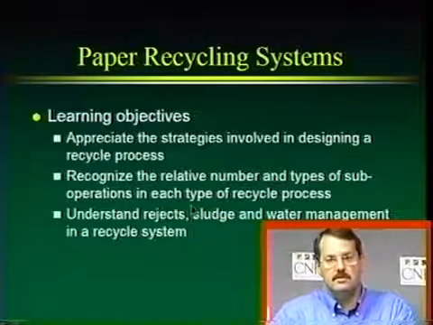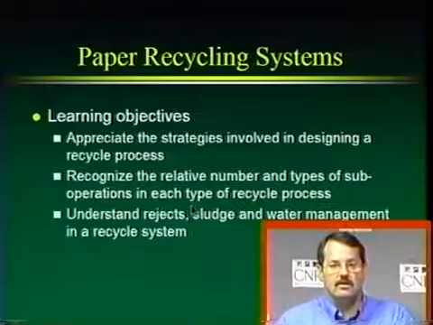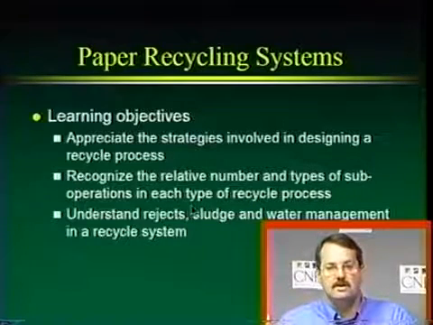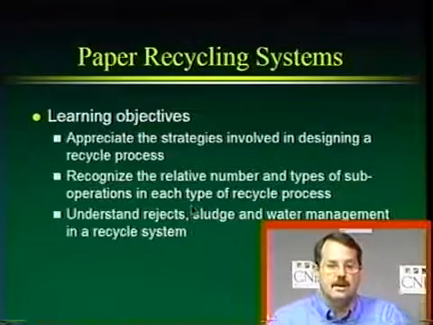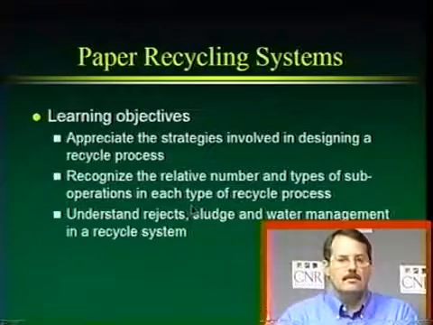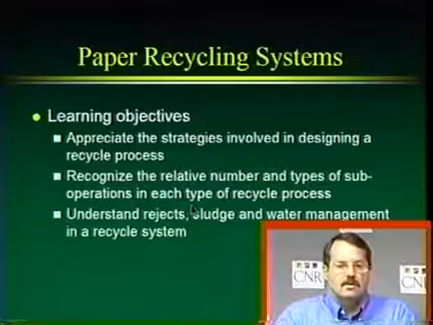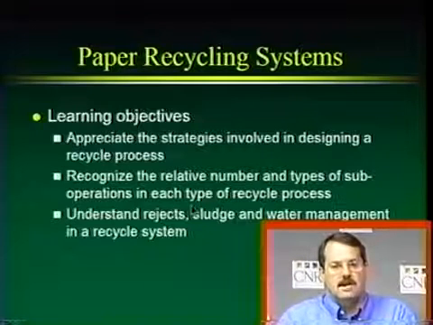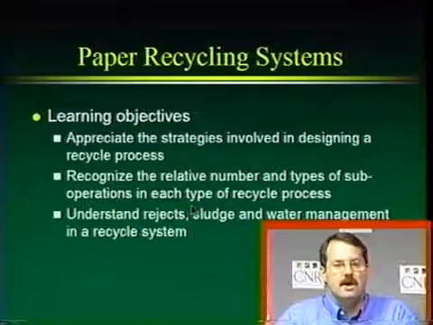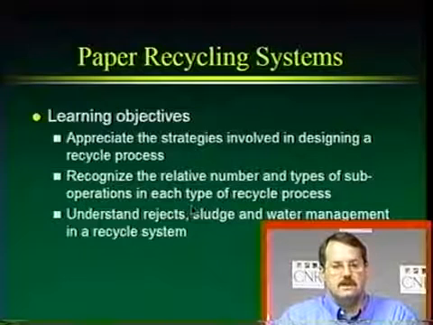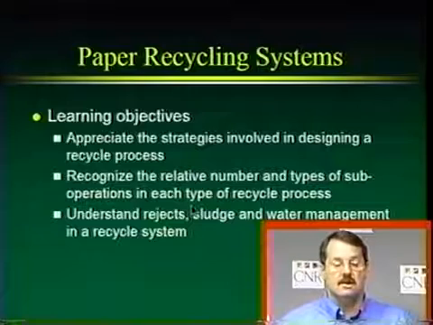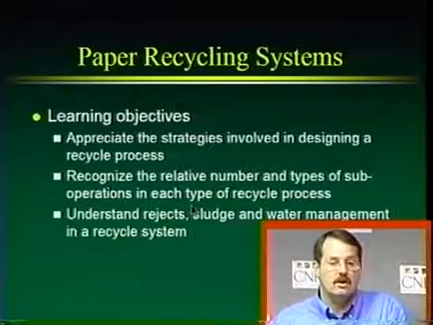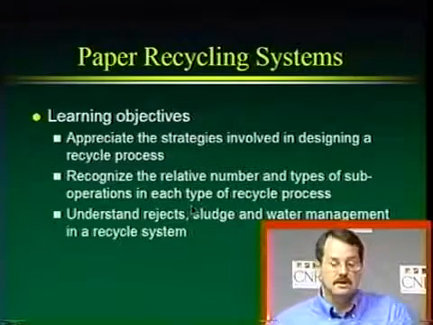So what are some of the key things that we think about when we're trying to understand how many unit operations we're going to have in there, what types of unit operations, and how they're connected? It's like a puzzle. Then we're going to recognize the relative number of types of sub-operations in each type of recycling process. And then finally, we're going to try to understand the rejects, the sludge, and the water management systems in a recycling process, because these are really important for quality and for production.